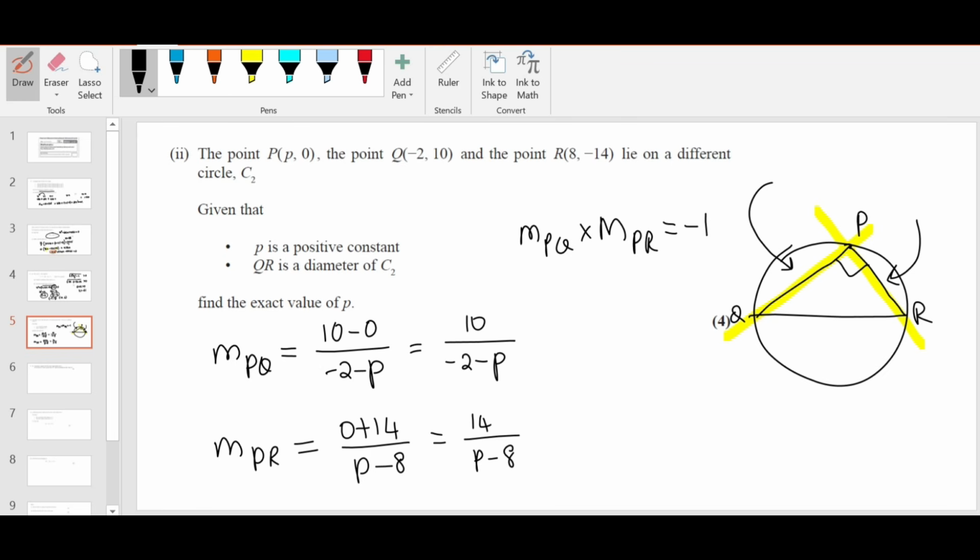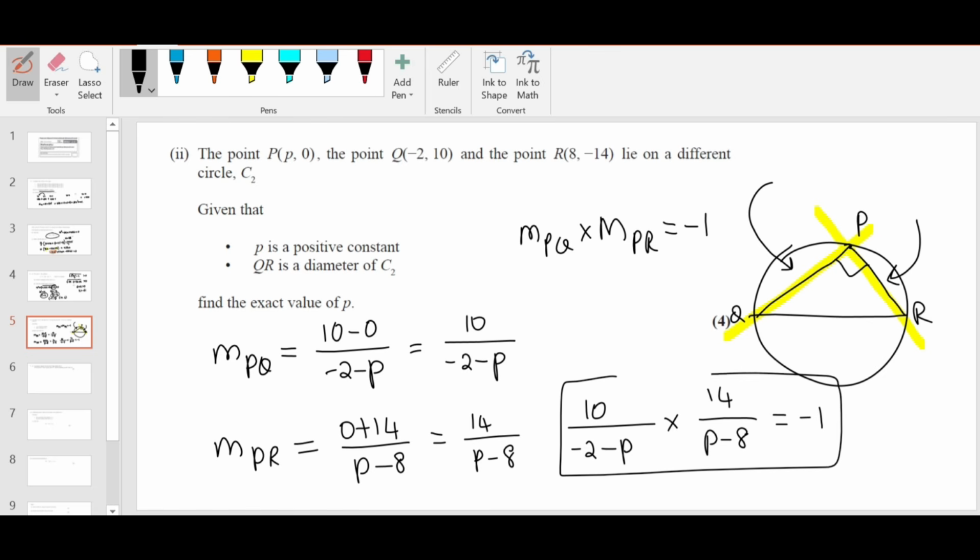So I'm going to multiply them: 10 divided by minus 2 minus P times 14 divided by P minus 8 is equal to minus 1. It has to be minus 1 because that's the circle theorem. It has to be a right angle triangle. Now from here I'm going to frame a quadratic equation and solve it.